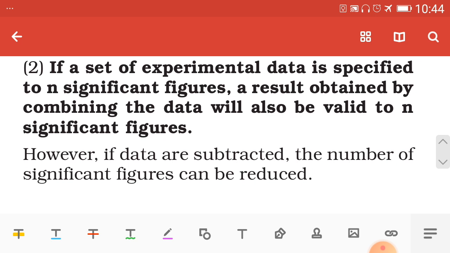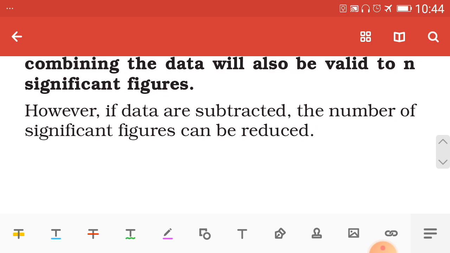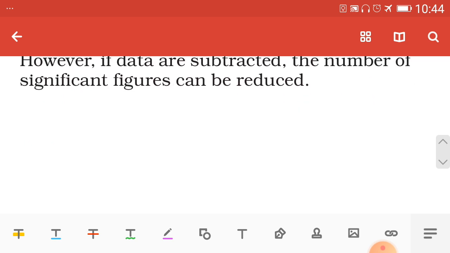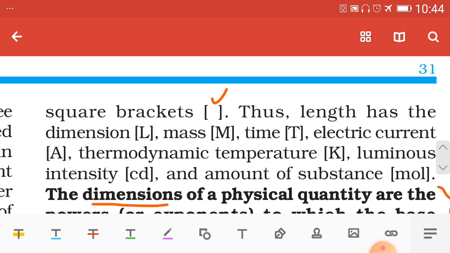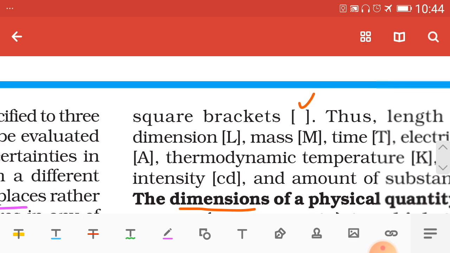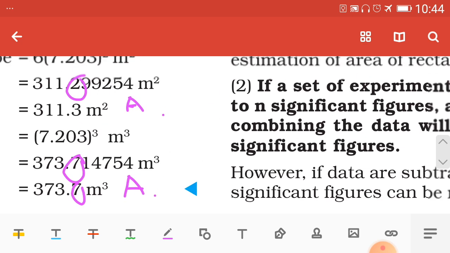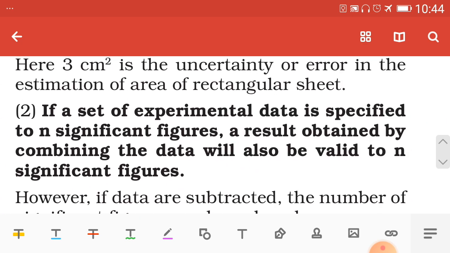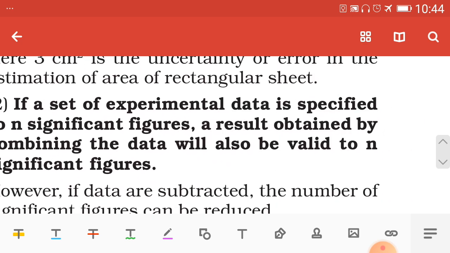Now this rule also we see with the help of examples, which will be clearer.